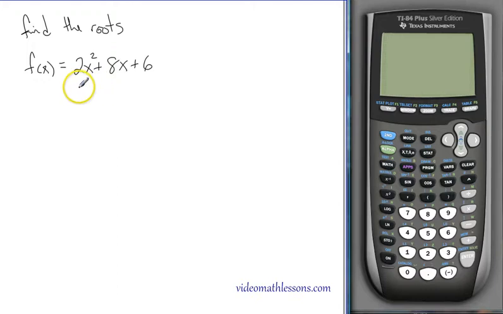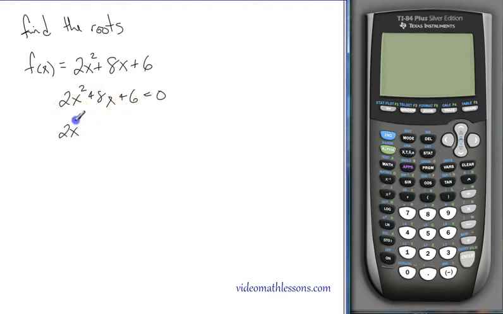So if I'm just going to find the roots, I want to set this part equal to 0. So I set 2x squared plus 8x plus 6 equals 0. The reason we do that is because if this means y, the roots occur where y equals 0. Now I like to move the 6 over.